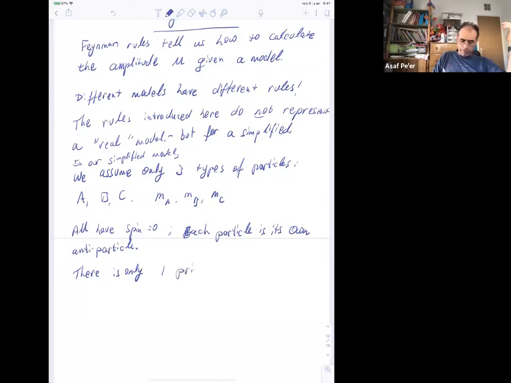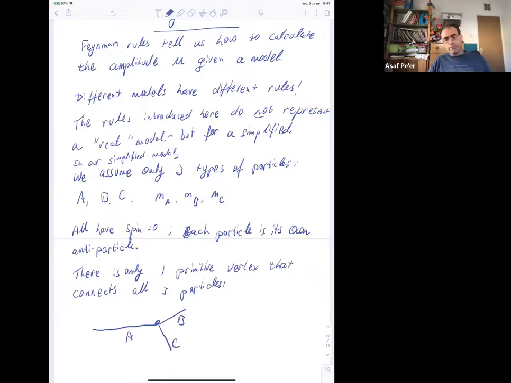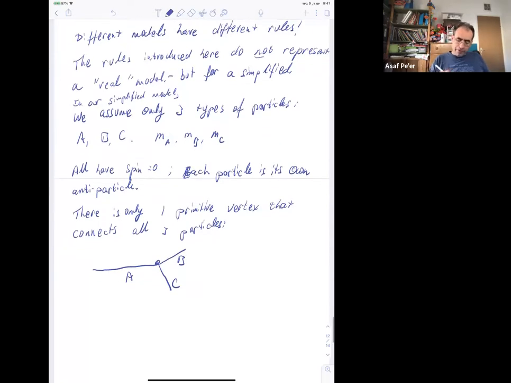And it looks like that: particle A, particle B, particle C. Let's say that the coupling constant of this vertex is G.